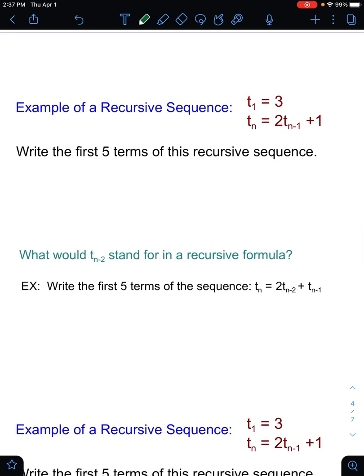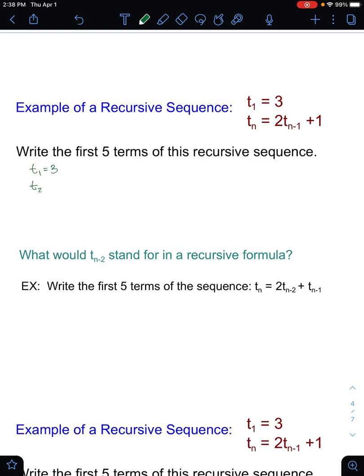So here's another example of a recursive sequence. And I want you to write the first 5 terms. So it says that t sub 1 is 3.